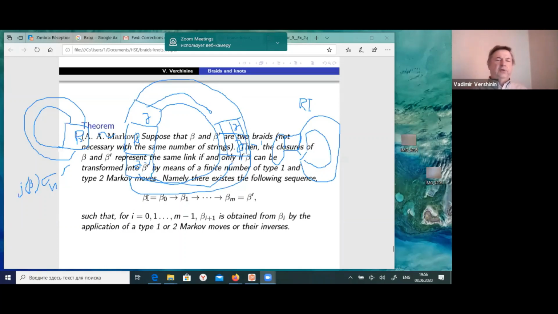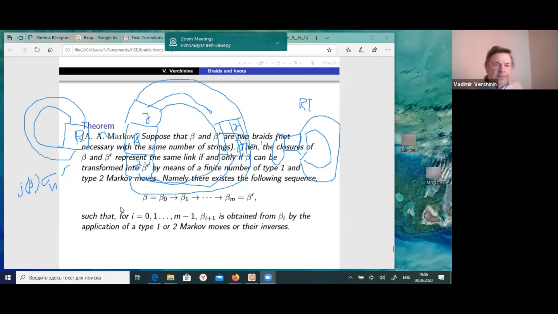Even braids with the same number of strands may be Markov equivalent using conjugation very, very far. This is the main problem, that this is not bounded. They may be equivalent somewhere very far. So the Markov theorem has, of course, a big meaning, but in some sense a theoretical meaning. It's quite difficult to apply it directly.